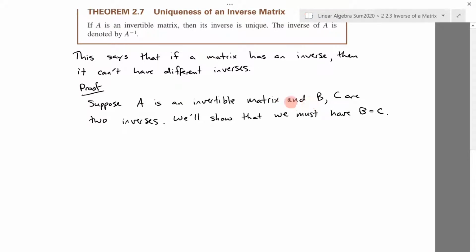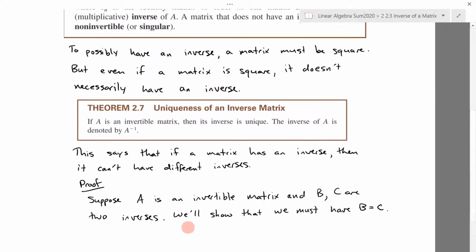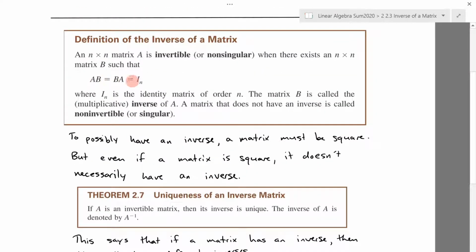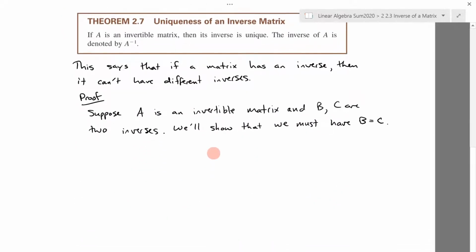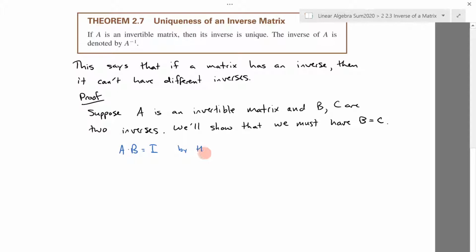let's start with the fact that B is an inverse to A. What does it mean for B to be an inverse? If I multiply A times B, I get the identity matrix. This is just from the definition of a matrix inverse.